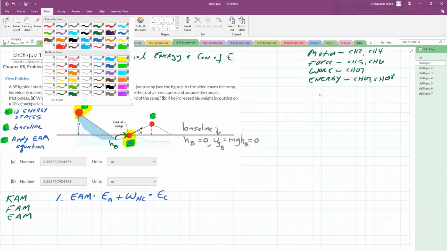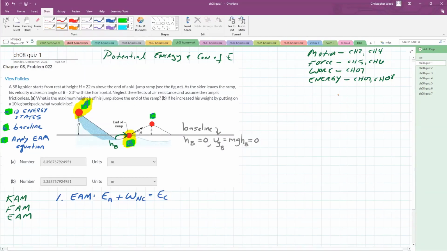W_NC means non-conservative work. And I think the example I used in the lecture video, which I will briefly repeat here, is this. Imagine that I'm walking along the floor. So there's the floor.